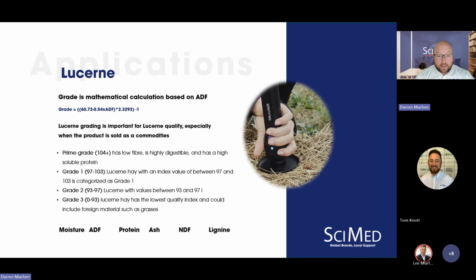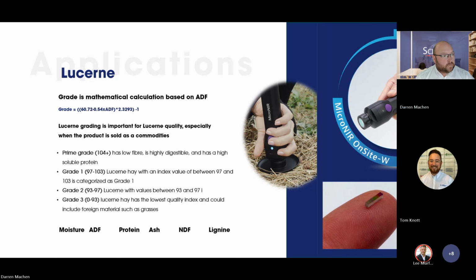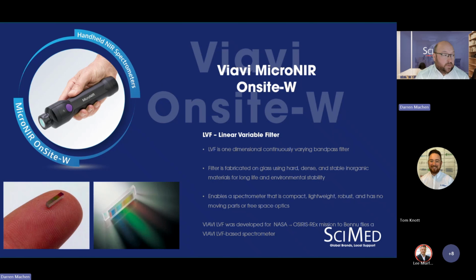What does the device look like? It's a handheld device. It's made by a company that you either know a lot about or know nothing about. VIAVI is previously known as JDSU. They come from an optical coatings background, a manufacturer that is absolutely huge, and they make this linear variable filter.